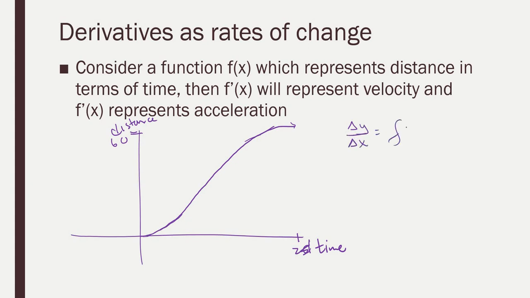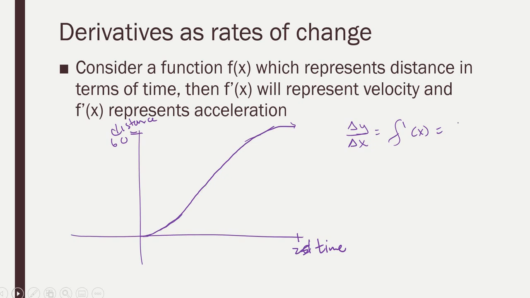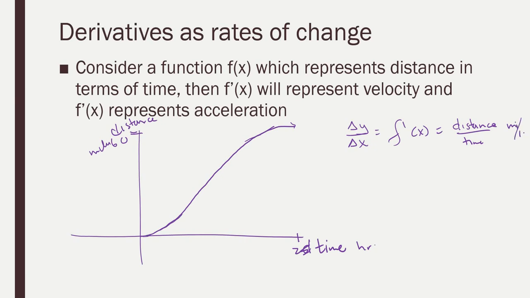So my first derivative will be my distance over time, my miles per hour, let's say this is hours and this is miles. So miles per hour, which is my velocity.